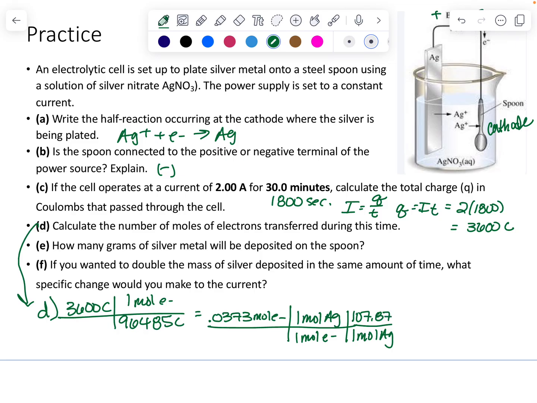For some reason, we always use silver in these ones, so you'll probably have that number memorized by the end of tomorrow. And then we're going to multiply. We got 4.02. Yes, 4.02, good.